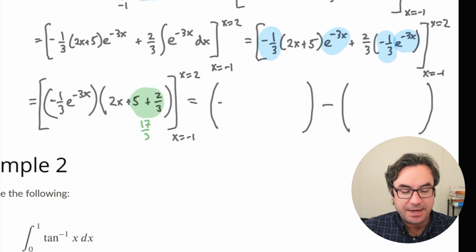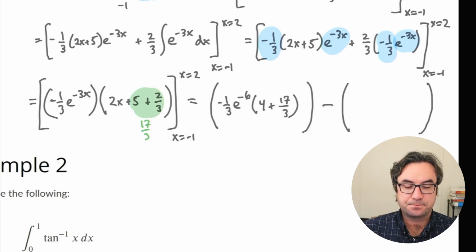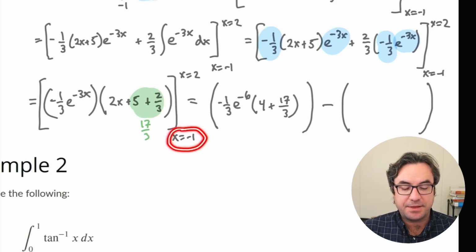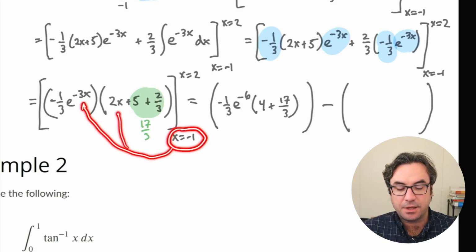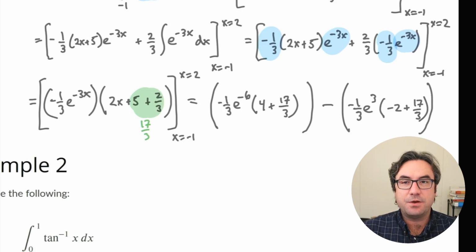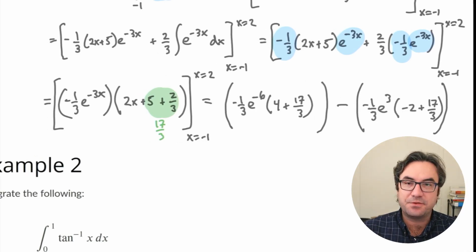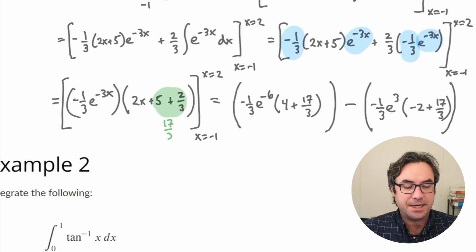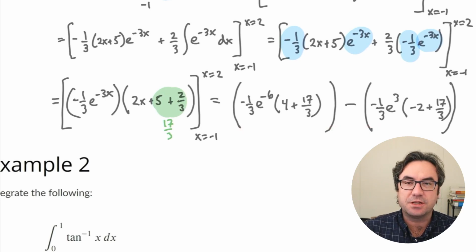So when we do this, we get negative 1/3 e to the negative 6, and then we get 4 plus 17/3. And then we play the same game. We take the negative 1, and wherever we see an x, we plug it in. So we're going to get negative 1/3 e to the positive 3 times negative 2 plus 17/3. If we really wanted to, we could simplify that down a little bit further, but that's pretty good. We're just going to leave it like that.